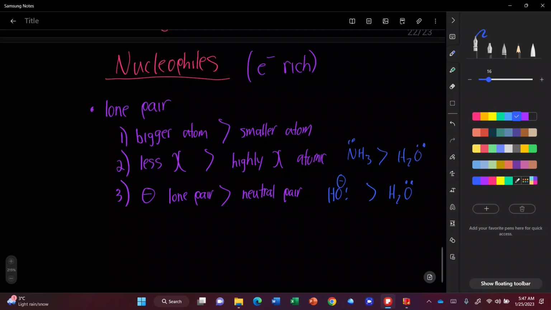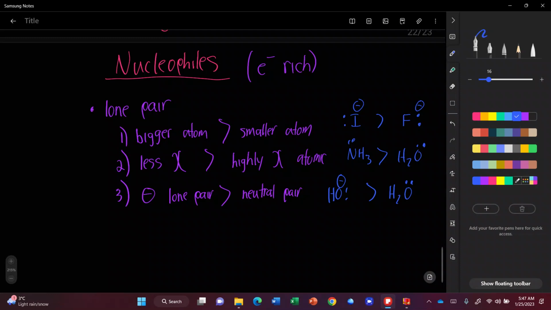Both of those are neutral, but nitrogen is less electronegative than oxygen. And then for this last one, something like iodide is going to be much more nucleophilic than something like fluoride. And technically you could also argue that this is also because iodine is much less electronegative than fluorine, but in this case it actually does have more to do with the size than the electronegativity per se.